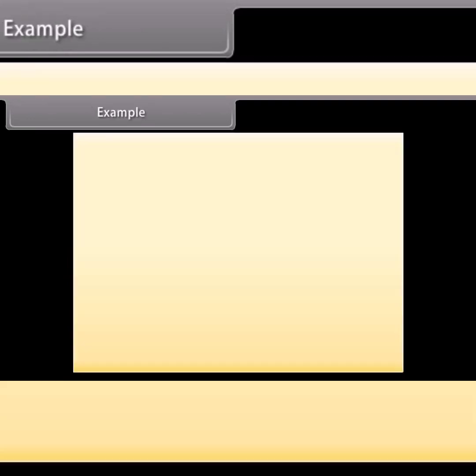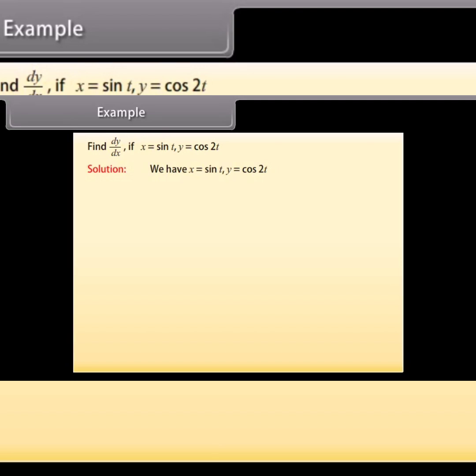Example: find dy by dx if x is equal to sin t, y is equal to cos 2t. Solution: we have x is equal to sin t, y is equal to cos 2t. Differentiating with respect to t, we get dx by dt is equal to cos t, dy by dt is equal to minus 2 sin 2t.